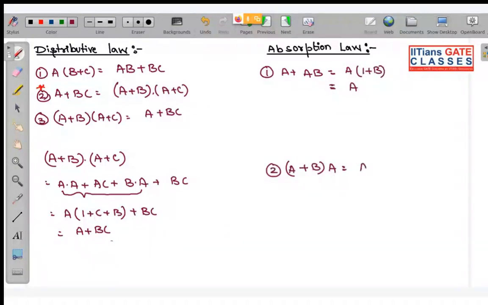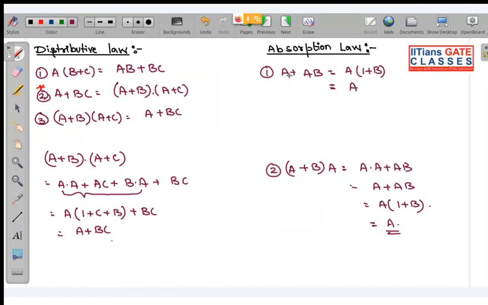What about this one? This will be A dot A plus AB. So again you will be getting A plus AB. If you take A common, this will be 1 plus B, so you are getting A once again. So even if you don't remember the names, it's okay. You just need to see what result you will get.